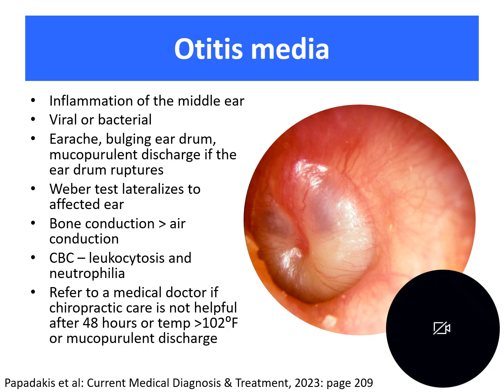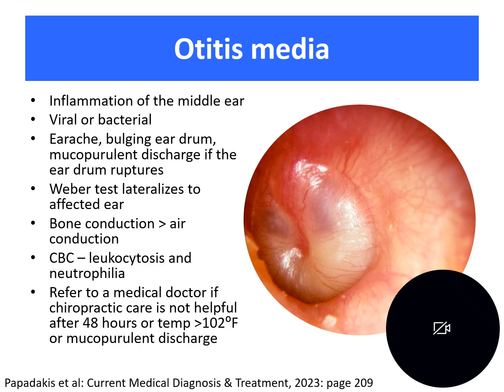If you block the flow of air and fluid through that tube, then fluid would accumulate in your middle ear. Then you have superadded infection either by bacteria or virus, and then you have a full-blown middle ear infection.